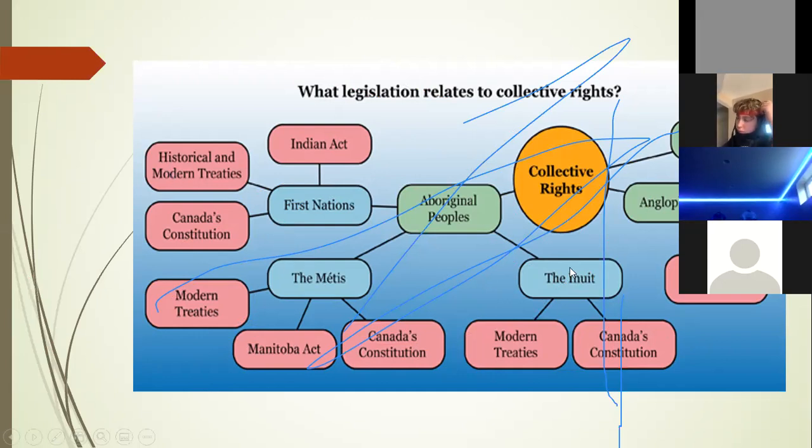The Métis and the Inuit only have modern treaties. And finally, the Métis has the Manitoba Act. The First Nations and the Inuit do not have the Manitoba Act, okay? When you look at the Francophones and Anglophones, they only have the Constitution that guarantees their collective rights. Any questions on that? All right.